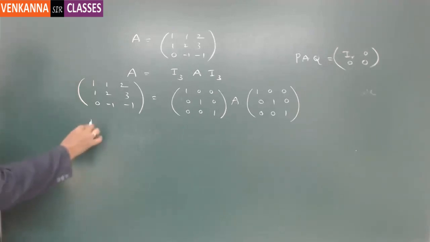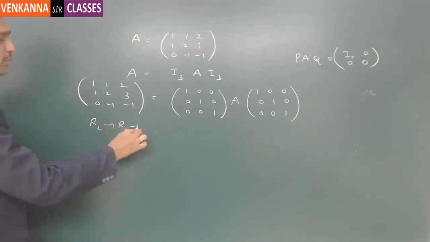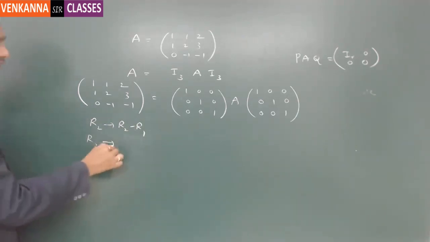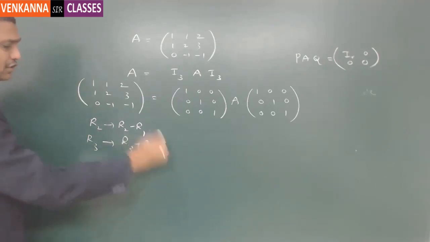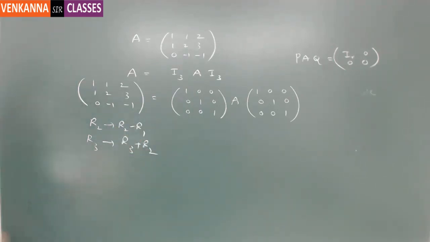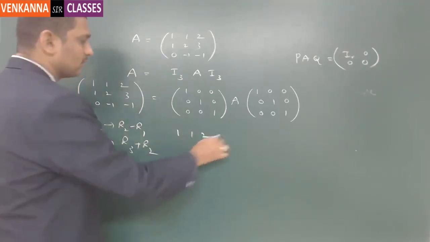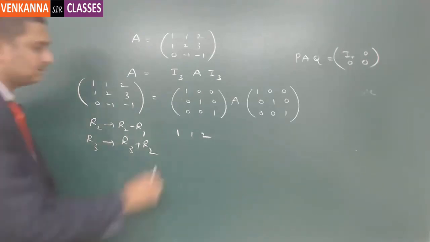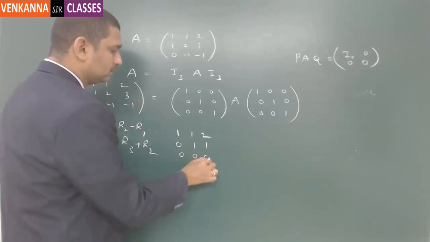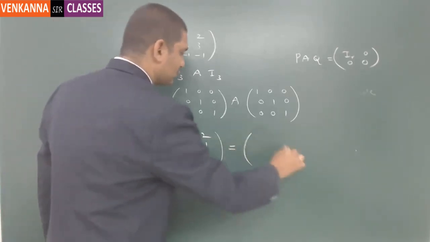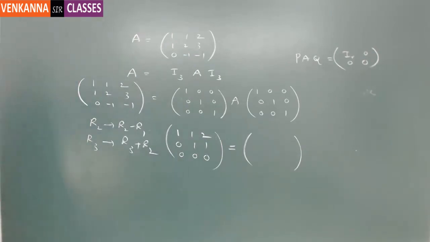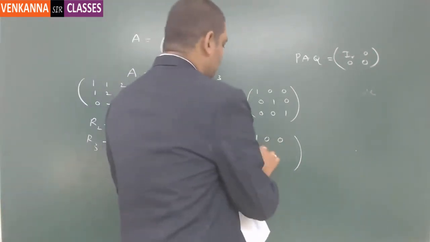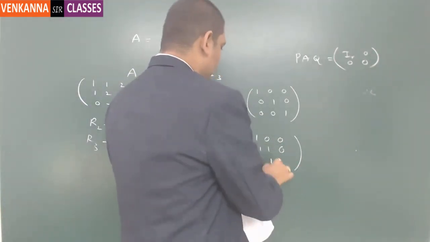So if we have done R2 tends to R2 minus R1 and subsequently R3 tends to R3 plus R2, then it will become 1, 1, 2, 0, 1, 1, 0, 0, 0, equals, here you will get the matrix of the form 1, 0, 0, minus 1, 1, 0, minus 1, 1, 1.